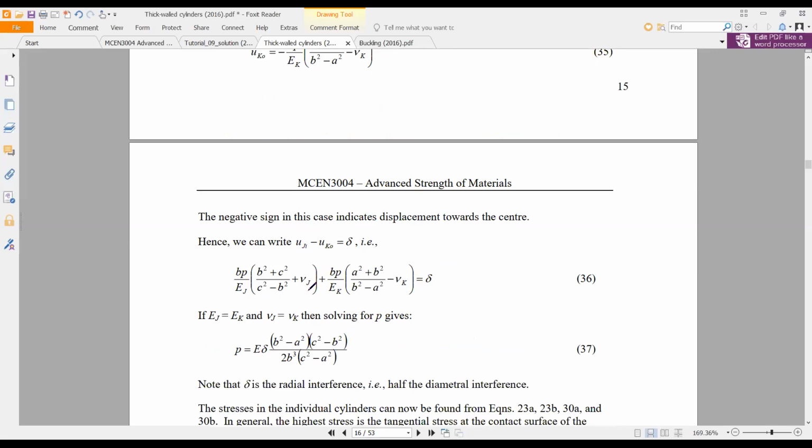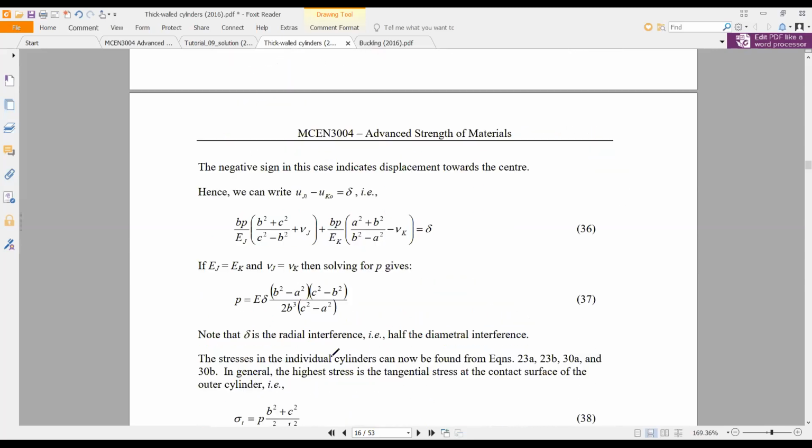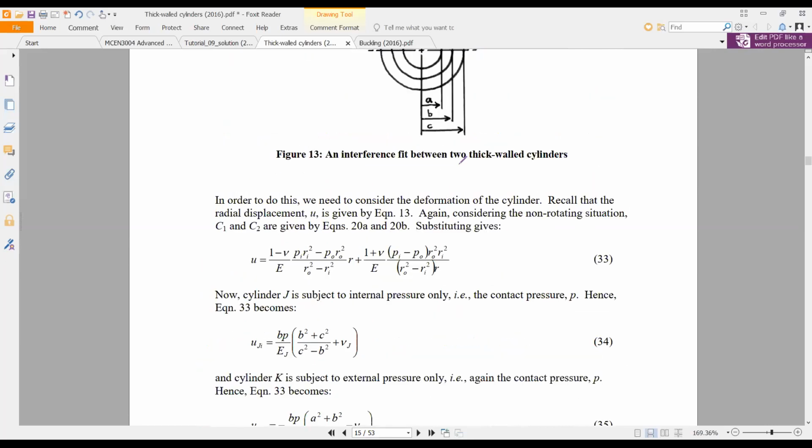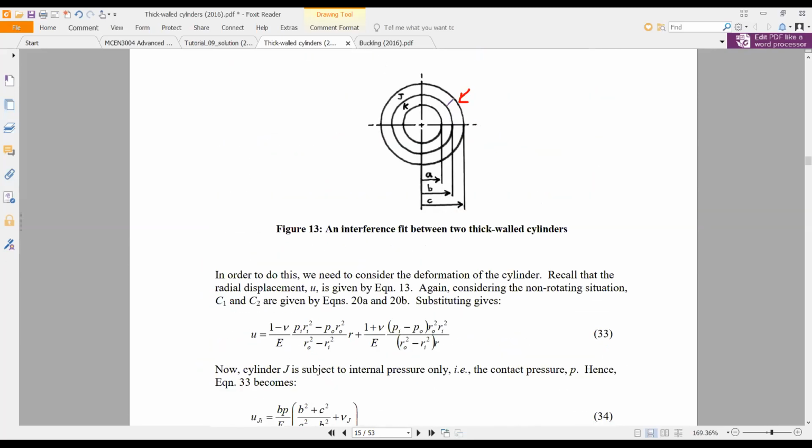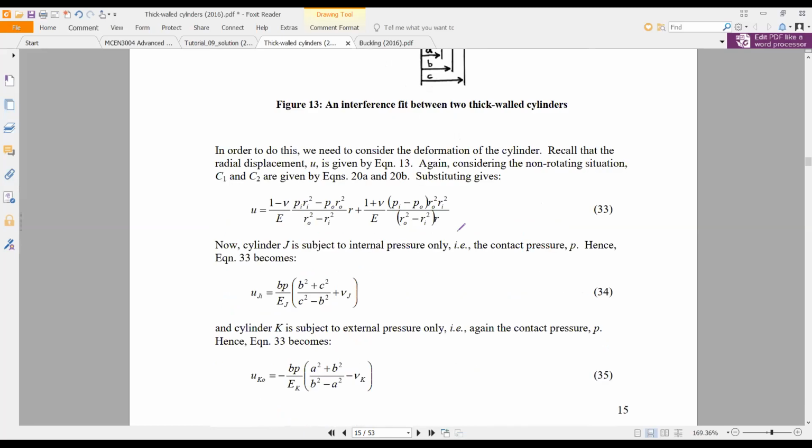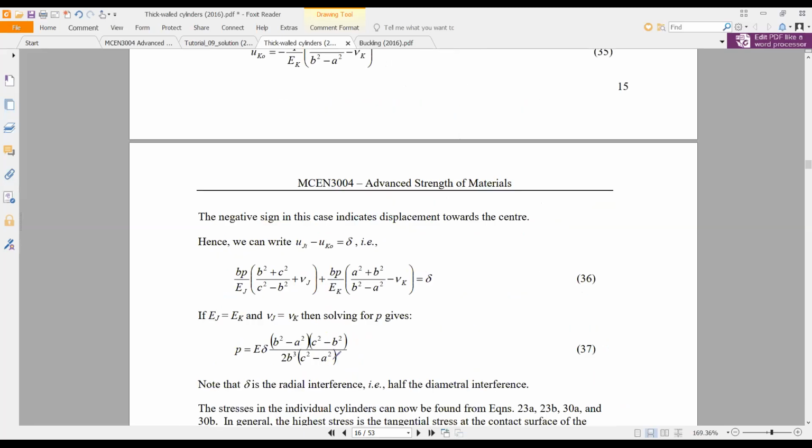Using that equation, substituting EJ and EK as E, nu K and nu J as nu, you will get this equation. This is the contact pressure at the surface of interference between the two cylinders, given by this equation.